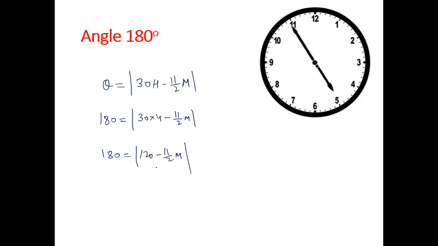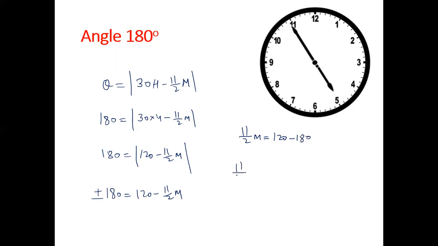Now we can find the value taking plus and minus, because here we have a modulus, so either we take plus or we take minus. If we take plus 180, the time will be negative, which is not possible.